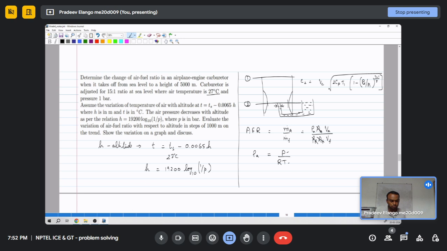VA is proportional to the root of temperature, right? And pressure ratio-wise, it doesn't affect. And similarly for VF, it is coming from this relation, root of 2 delta PF by rho. So your rho doesn't change, delta PF doesn't change.